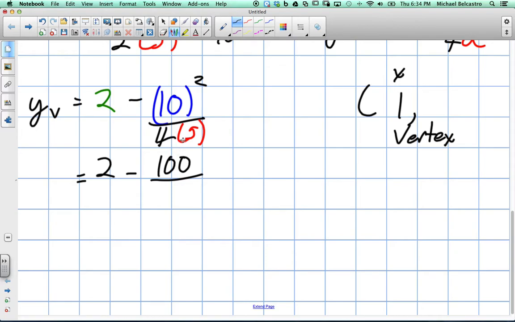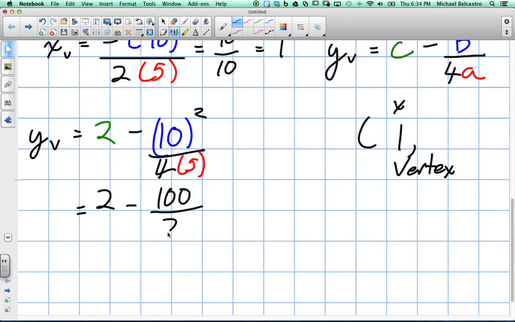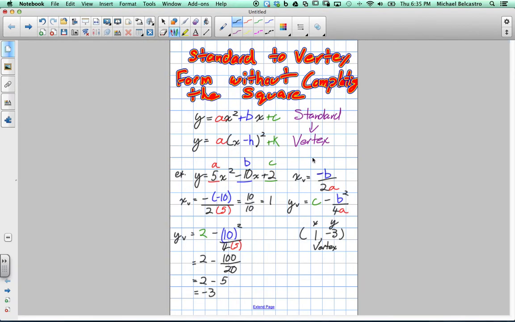And 4 times 5 gives us the number 20. Okay, we'll get 2 subtracted by 100 divided by 20, that goes in 5 times. So it's 2 subtract 5, which gives us a value of negative 3. So the y value of our vertex is negative 3. Okay, so we've used that formula to very quickly deduce the y value of the vertex.